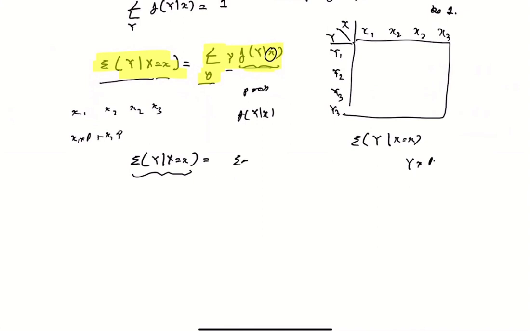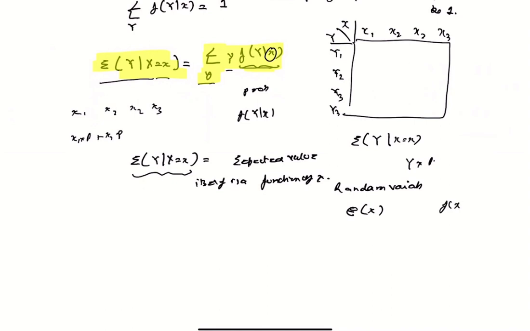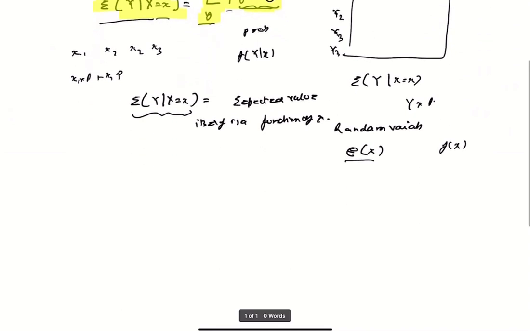The expected value itself is a function of x, so it itself is a random variable, and we can call it e of x. Basically it's an f of x, but because we have already talked about f, we call it an e of x.